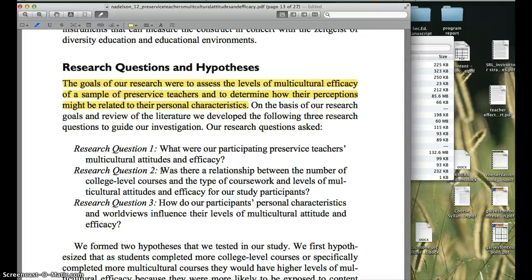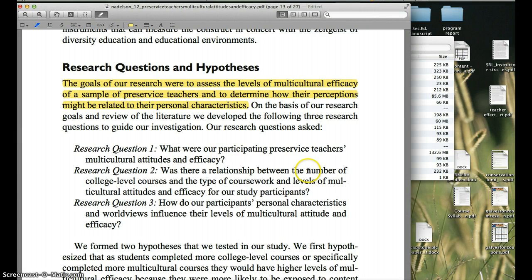And so it's hard to tell from this exactly what the dependent and independent variables were, and that's often the case within a question that's more of an associational type of question. Are there just relationships?